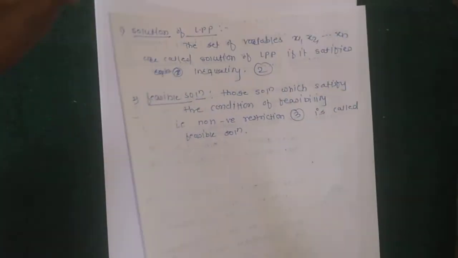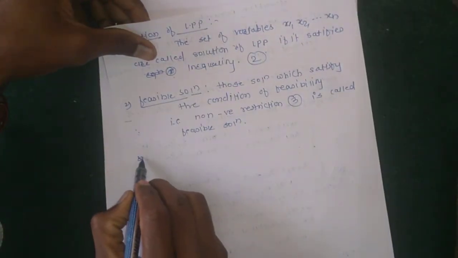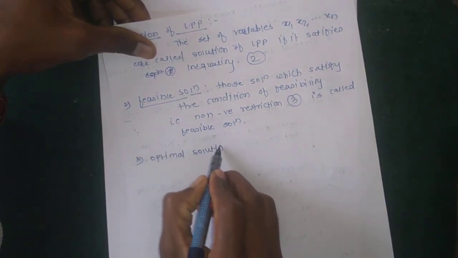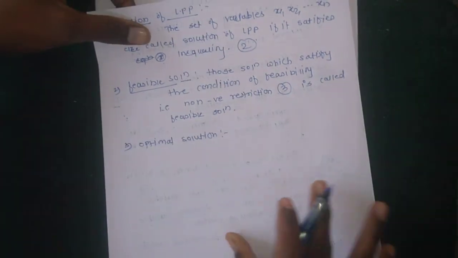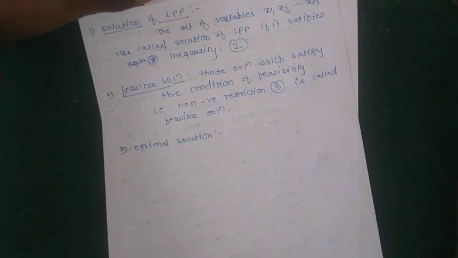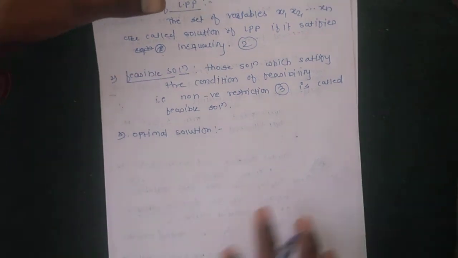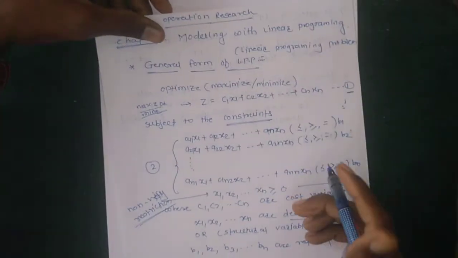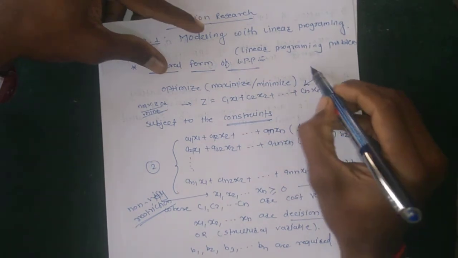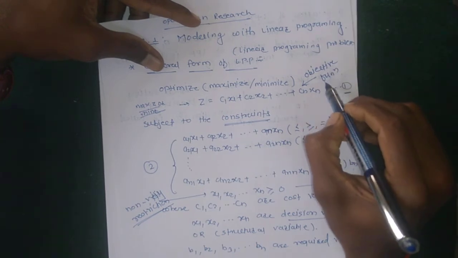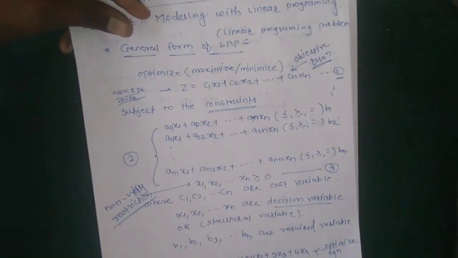Then the third definition is optimal solution. What is meant by optimal solution? Optimal solution means the feasible solution which optimizes the given objective function. Equation 1 is called the objective function.